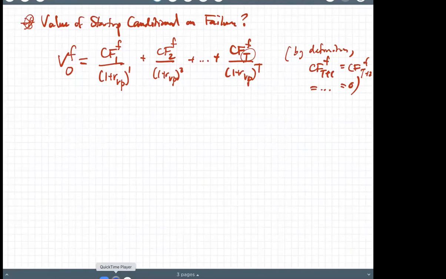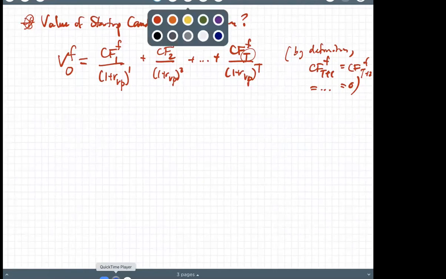If you haven't failed yet, then you're able to successfully exit at a positive value, either by an acquisition or by an IPO. So now the question is, what do we expect these cash flow numbers to be?